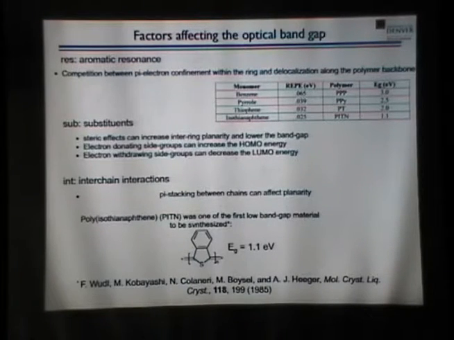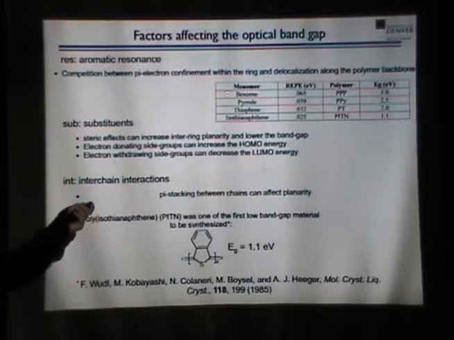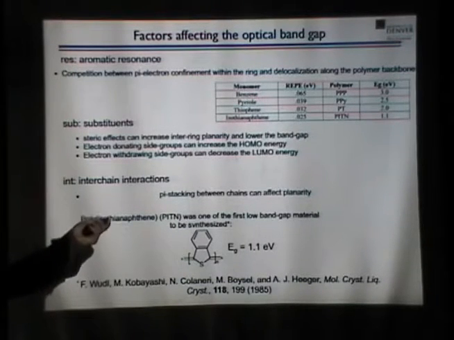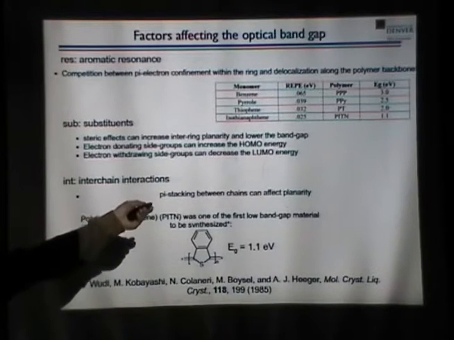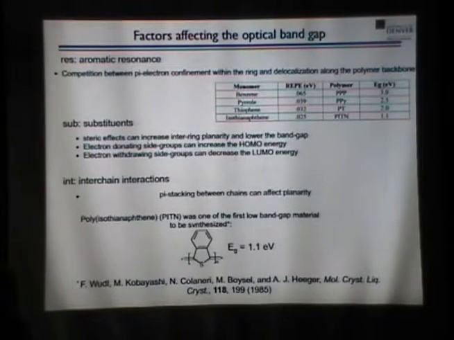Okay, so resonance, aromatic resonance. This is now a competition between electrons in the monomer species, like the benzene, or a thiophene, or a pyrrole, or this isothianaphthene stuff, which I'll talk about in a second. So there's some resonance energy for that monomer. And for instance, for benzene, that resonance energy is 0.065 electron volts.